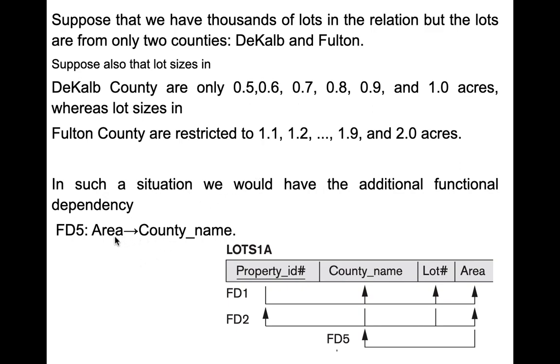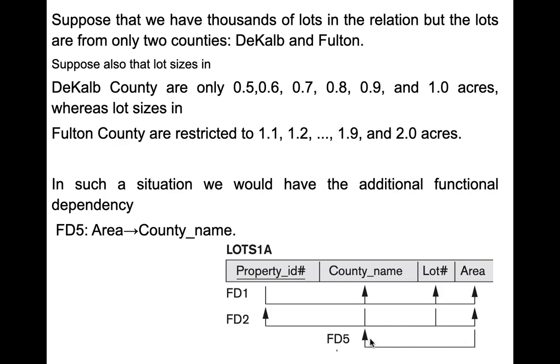If you give the area, you can know the county name. If I say 1.5 acres is the area, you can easily say the county is Fulton. So there's an additional functional dependency over this table in this case: area gives county name. Hope you understood that.